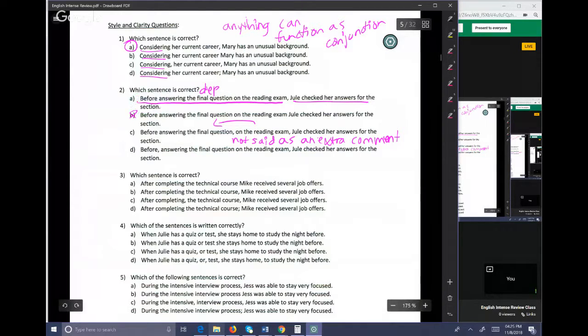So just like all the others that look like this, this is going to have a comma right here and nowhere else. So the only place we need a comma is between the dependent clause at the beginning and the independent clause that comes after that.